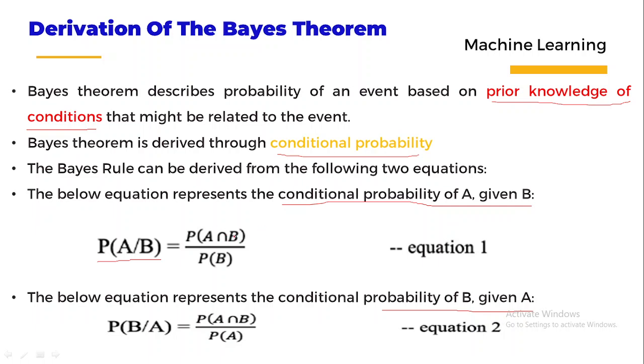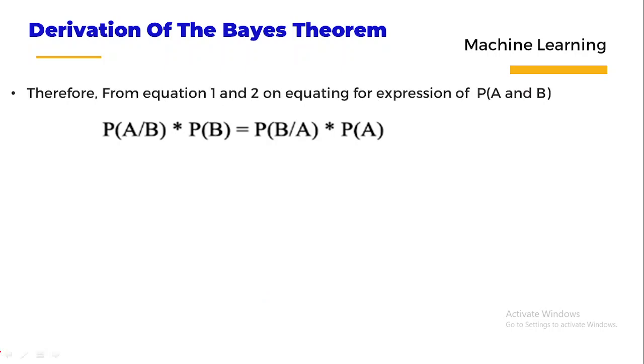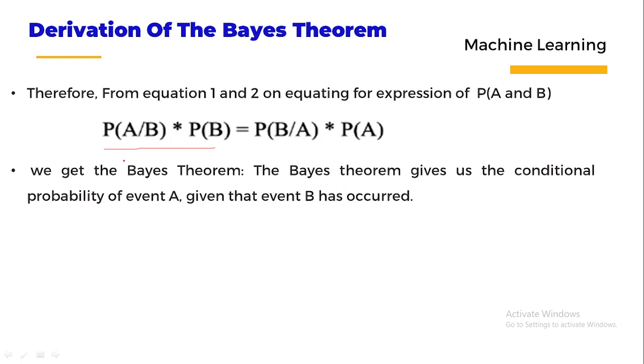Now from equations 1 and 2 you can see the probability of A and B and the probability of B and A are the same, so we equate these equations. After this we get the Bayes theorem.